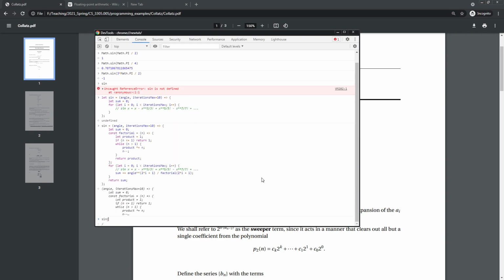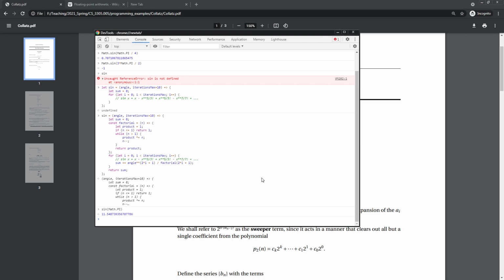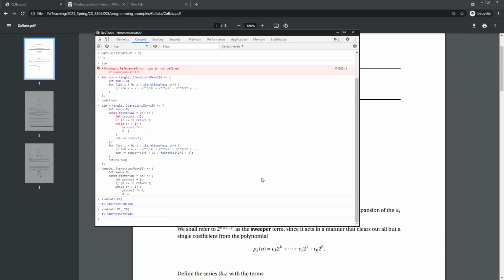Okay. So now the sine of math.pi. Oh, I guess we need more terms. Let's do 20. Oh, you know what? We haven't alternated our sign. Right?